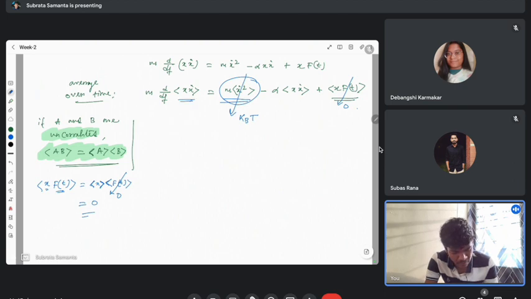So d/dt of x dot average, and then this side is also x dot average, and all are constant. This goes to 0. So then solving this, we get x dot average is a first order equation again. So we get some constant c times e to the power minus alpha t by m plus kVt by alpha.